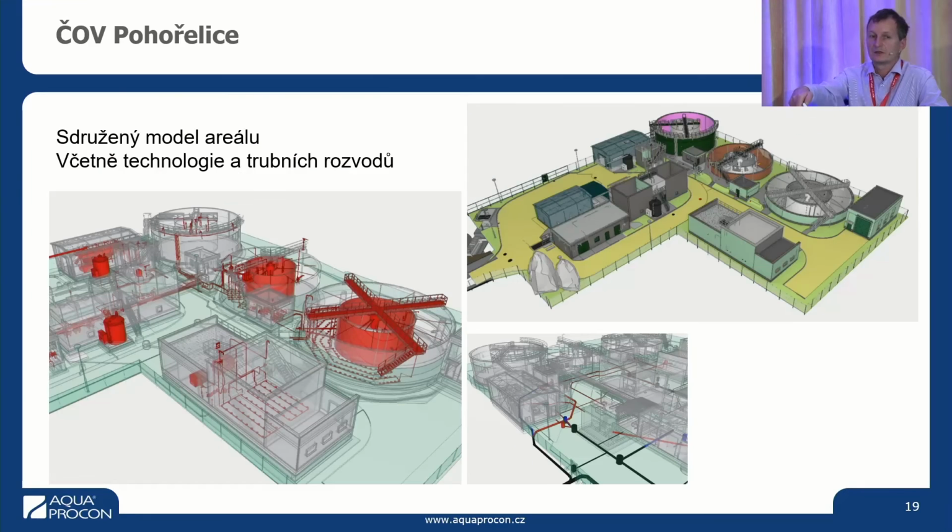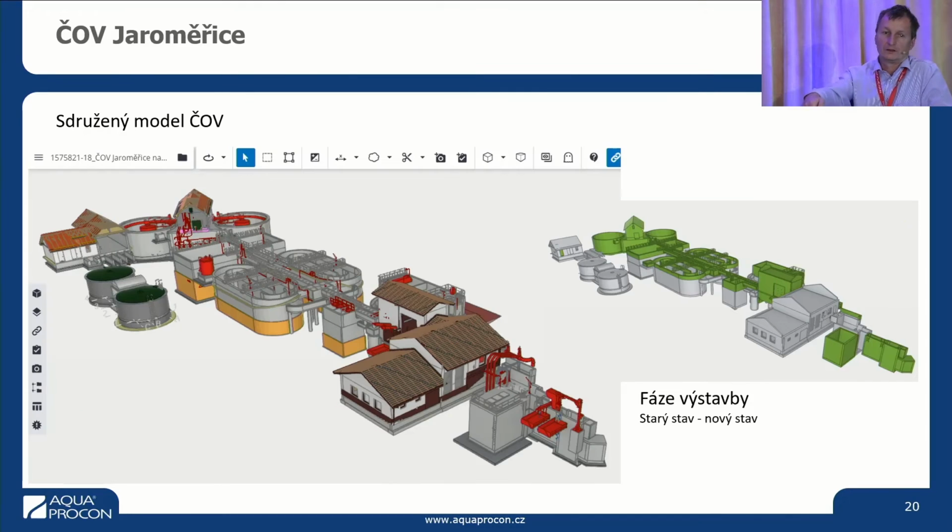That can be used also with discussions with investors. Again, this is the same project, but it is a more advanced model where in one combined model we include the technology of the power of the water treatment plant, and it also includes the distribution pipes.